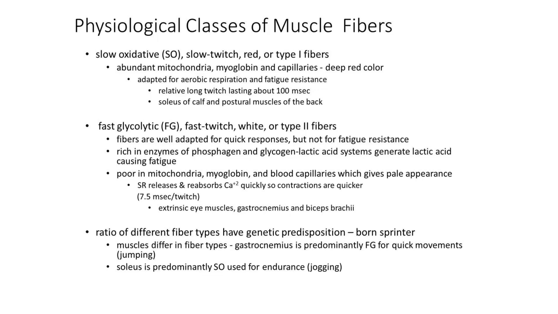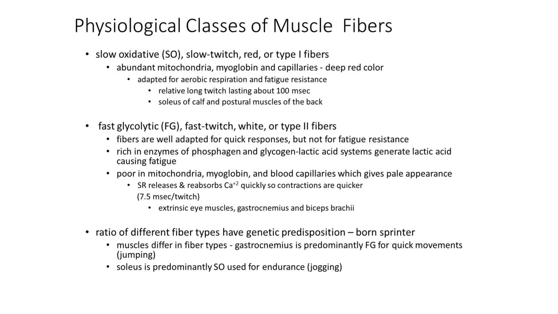You also have fast twitch, or what we call white or type 2 fibers. These are fibers that are well adapted for quick responses, but not for fatigue resistance. They are rich in enzymes of the phosphagen and glycogen-lactic acid systems, and they generate lactic acid, which does cause fatigue.